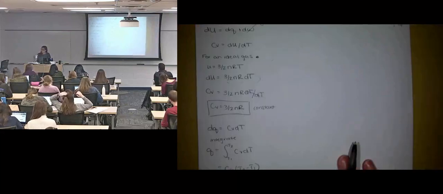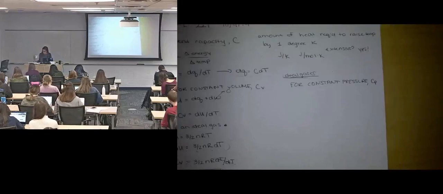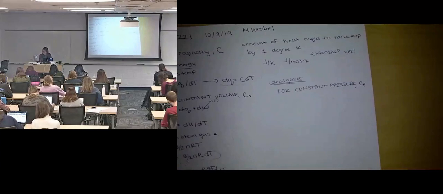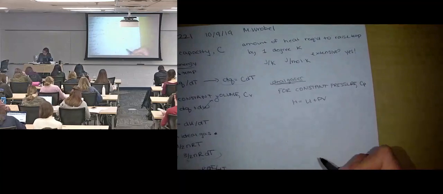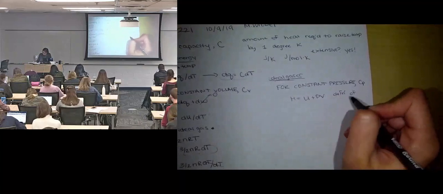And so then next we'll talk about the constant pressure situation. So when we think about a constant pressure process, first of all, we're only ever interested in enthalpy when we're talking about constant pressure. This is our definition of enthalpy in terms of all its state variables.